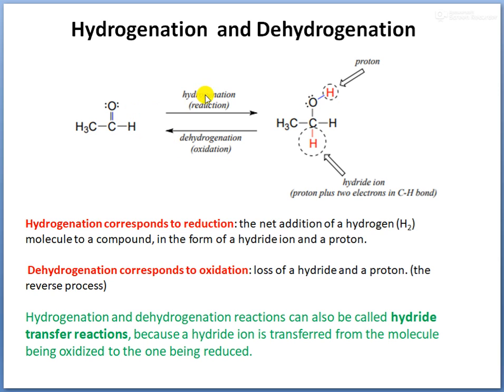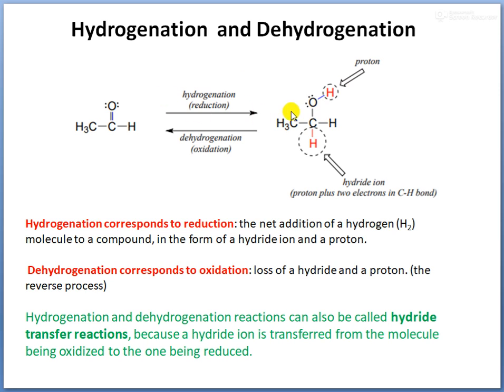How is this hydrogen molecule added to an aldehyde? It is added in two parts. First, a hydride transfer occurs. Since the C=O bond is polar, the H minus will come and attack the carbonyl. So a hydride ion transfer occurs in the first step, and subsequently the proton part of the H2 molecule is attached to the O minus formed.